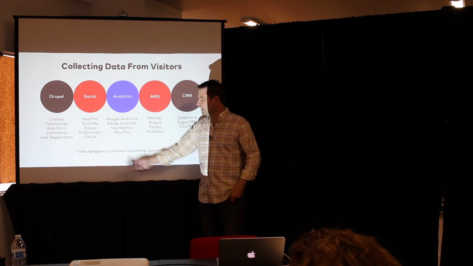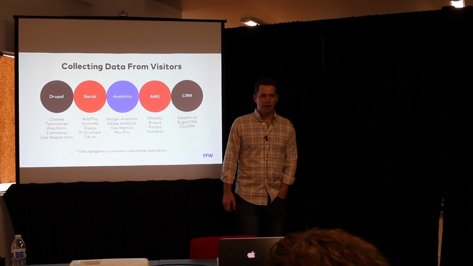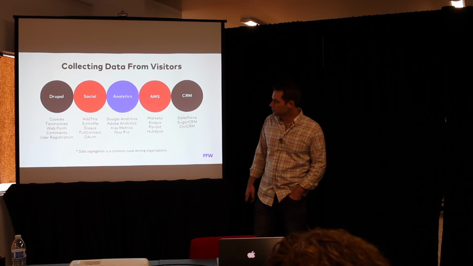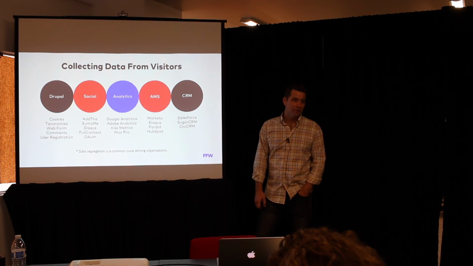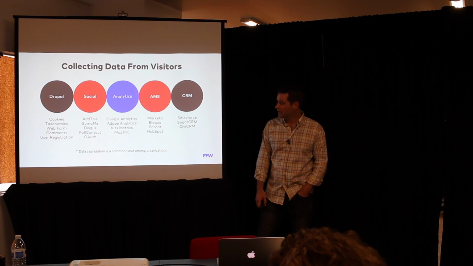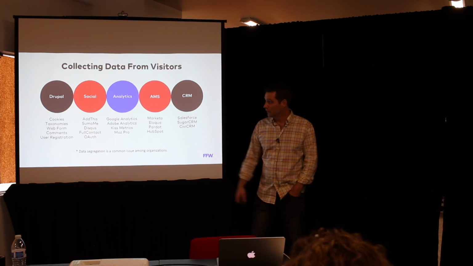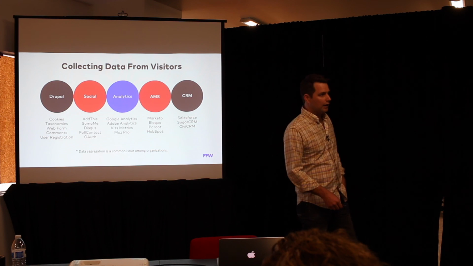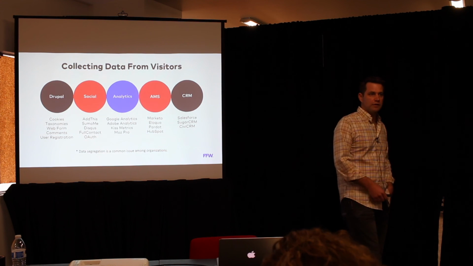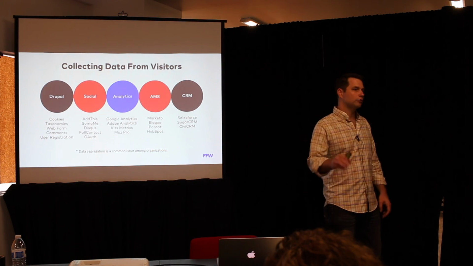You can look at things like, obviously, when a user registers, you're gathering personal information on the users. Within social media, there's data within AddThis. They have their own analytics. SumoMe has the same thing. You're starting to see more people using OAuth on their websites, either logging in through Facebook or logging in through Google.